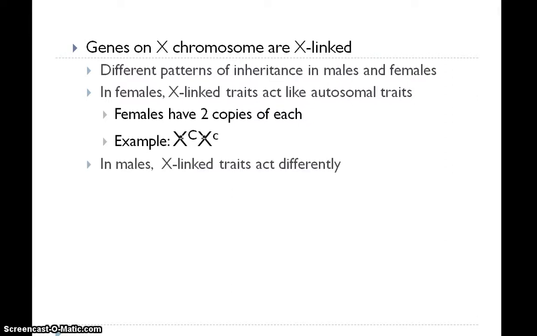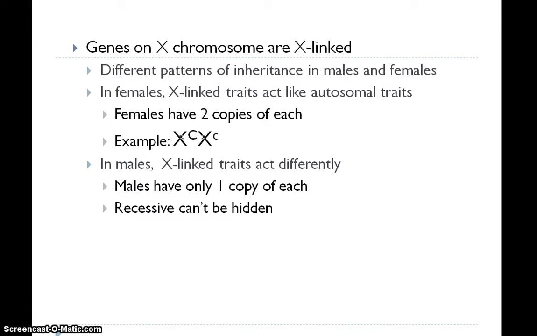For males, X-linked traits act very differently. This is because males have only 1 copy of each. Because of this, recessive traits cannot be hidden. There's no such thing as a heterozygous male for an X-linked trait because they only have 1 X chromosome, and so they only will have 1 allele for this particular trait.